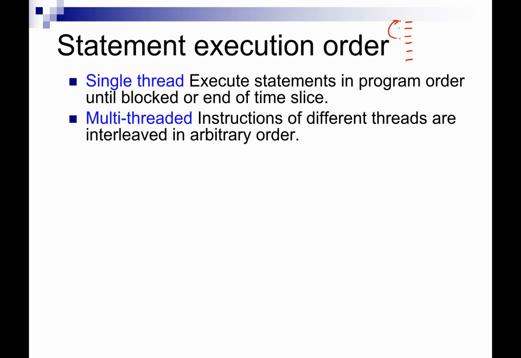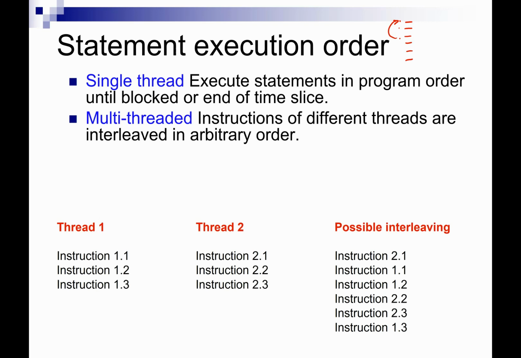Now, when you have multiple threads, for example, here we have 2 threads. Each thread has a sequence of instructions that it wants to execute. But when you execute these 2 threads together, physically, what's going to happen is that these 2 instruction streams need to get interleaved somehow.